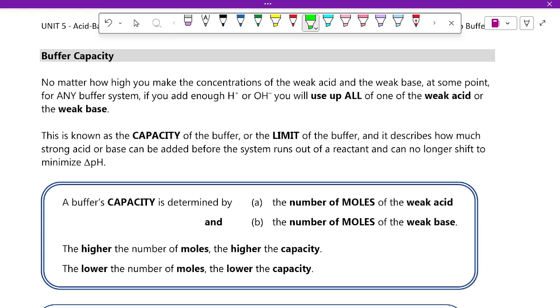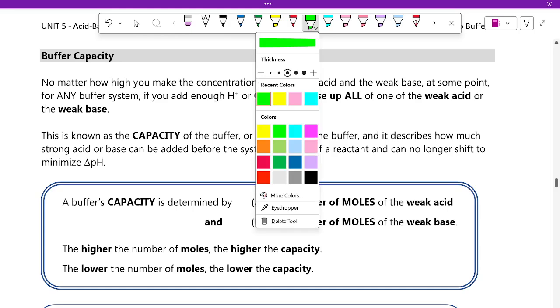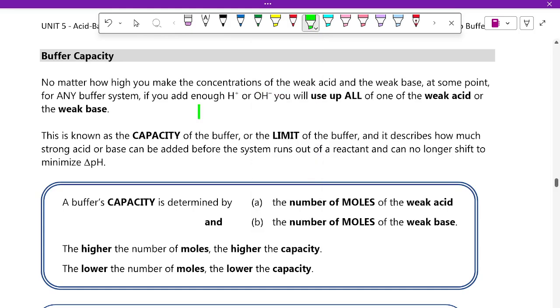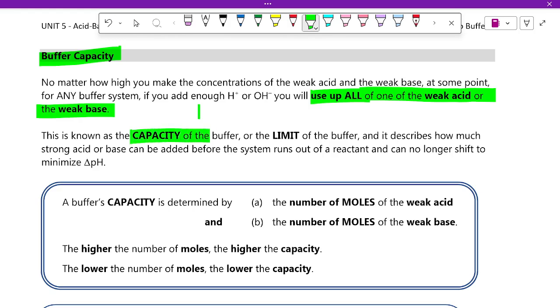So you will reach the buffer capacity when you use up all of one of the weak acid or the weak base. This is known as the capacity of the buffer or the limit of the buffer. Once you have used up your reactants, you cannot shift further to the products. Once you've used up all the product, you cannot shift further towards the reactants.